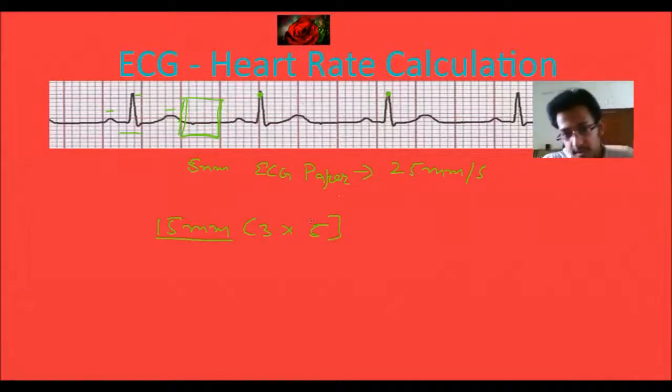Now the explanation which I am giving is the basic explanation of how we calculate the heart rate from the ECG. We also know some shortcut tips, like just divide 300 by the number of big squares, but many of us want to know the real explanation, how it is derived.